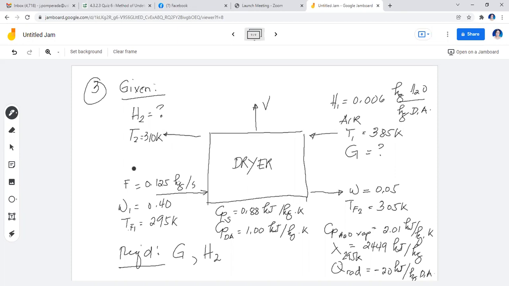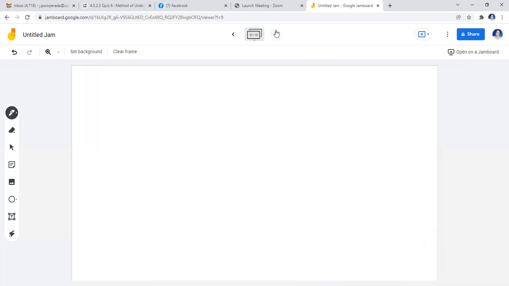Let me see. I think we're good to go. So these are our information. I mentioned a while ago that you will use here material balance with energy balance coupled with your thermodynamics. So we'll proceed with our solution.